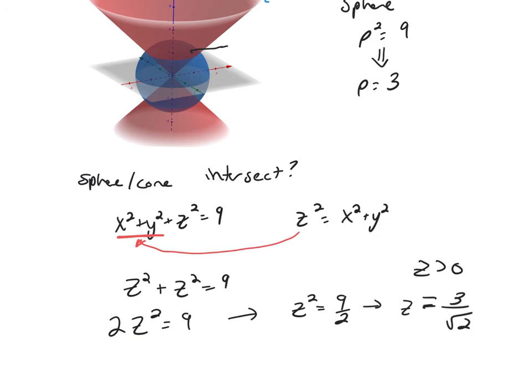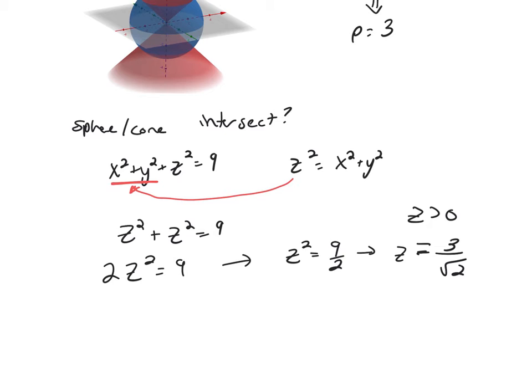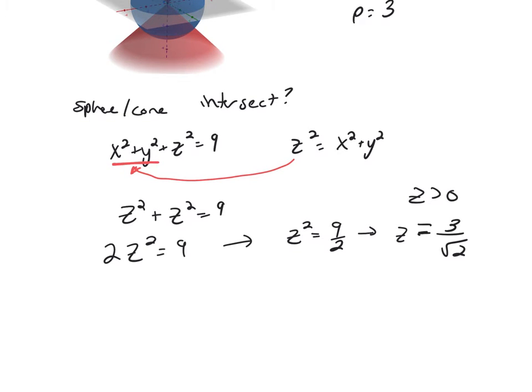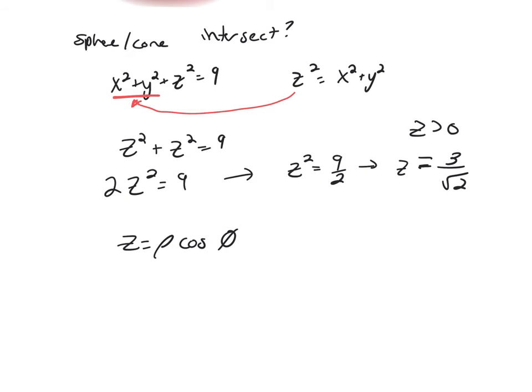That doesn't really help us a whole lot. We're not quite done, because we need our information in spherical coordinates. So what does z correspond to? Z corresponds to rho cosine of phi. So if I solve for cosine phi, I get z over rho.